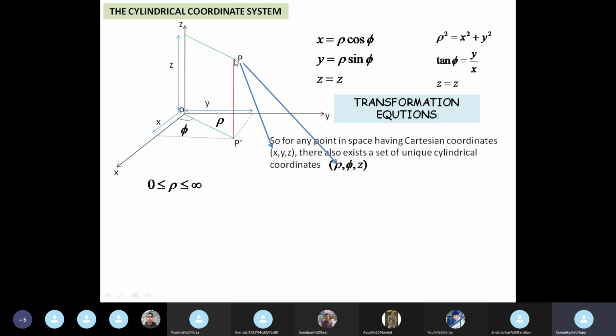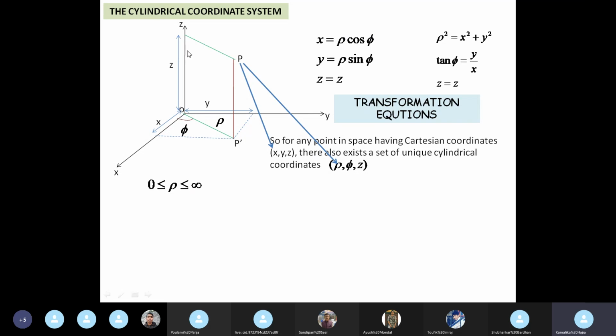if the point P is on the z-axis, then the value of rho is 0, and when the point P is not on the z-axis, it will have some finite value. The minimum value of rho can be 0 when the point P is on the z-axis, and the maximum value can be infinite, right?